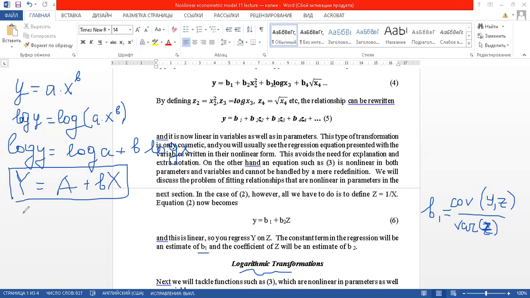And the parameters of this linear regression we can find by using ordinary least squares, the covariance divided by the variance.